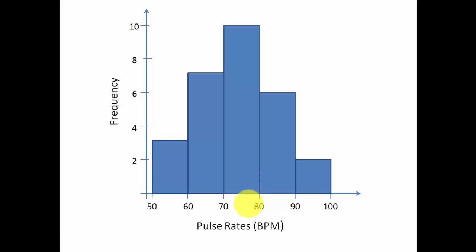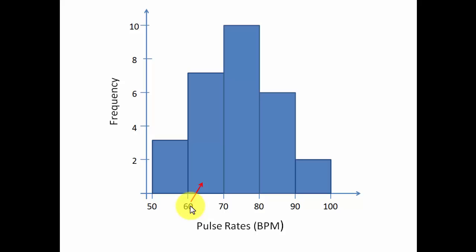The last thing I want to talk about on this slide is this case of the 60, 70, 80, 90. It's right there between 2 bars, but what bar does a pulse rate of 60 fall into? When you see these cut points, the one on the right of a bar will fall into the next bar.